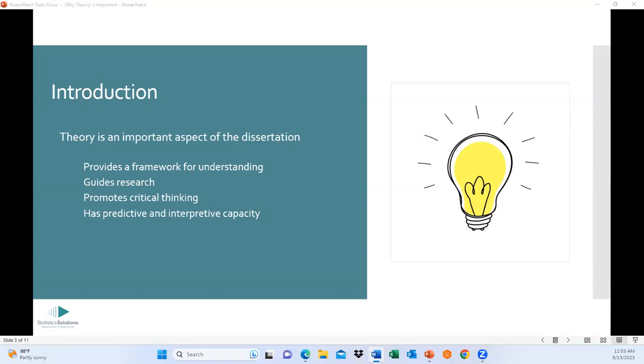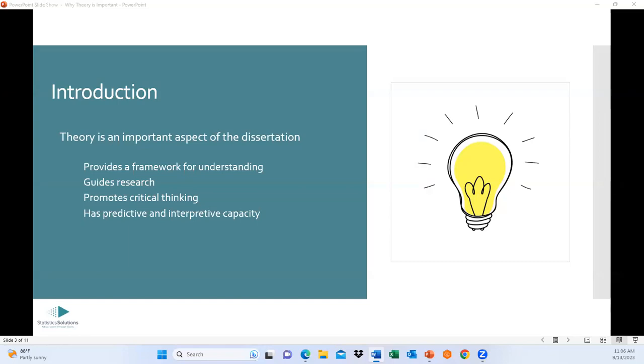If we find that the theory is sound for that, it can confirm that the theory is good for explaining the subject of interest. If it's not significant for that topic or population, it indicates that we might need to adapt the theory, modify it, or even get a new theory. So it can promote alternative ways of thinking, critical thinking.